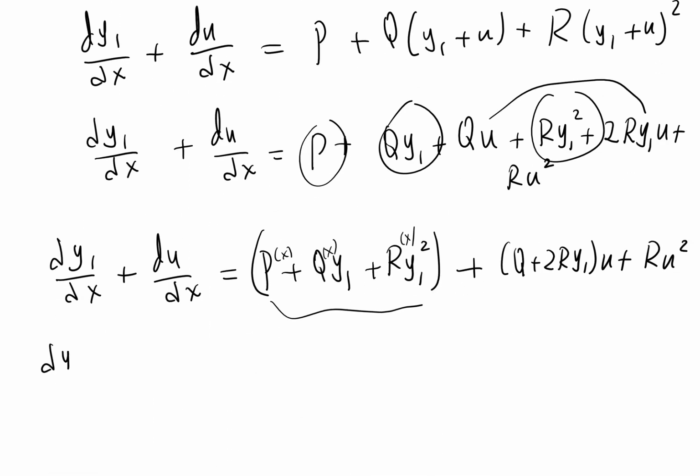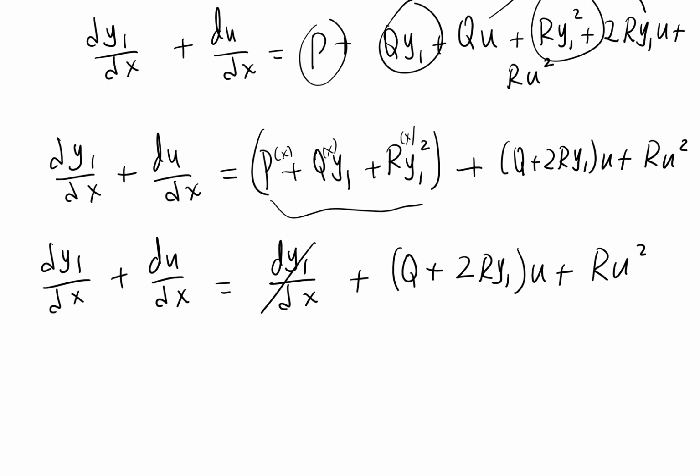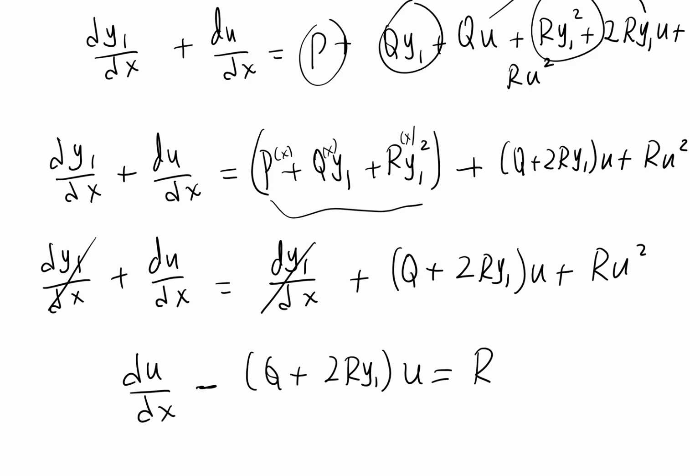So I can replace this with dy1/dx plus q plus 2r y1 times u plus r u squared. These cancel each other, and that gives me du/dx. I can subtract that part to the left hand side: du/dx minus q plus 2r y1 times u equals r u squared.